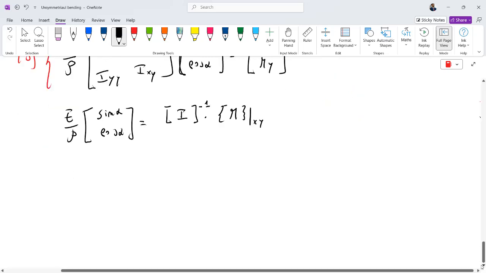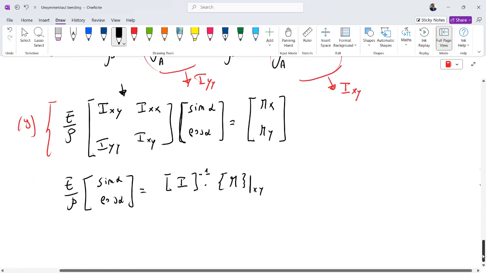So I must invert this matrix. The procedure is quite long, but it is simple to invert a 2 by 2 matrix like this.